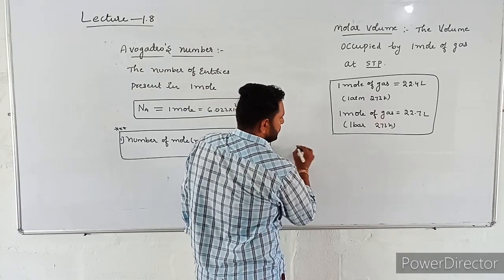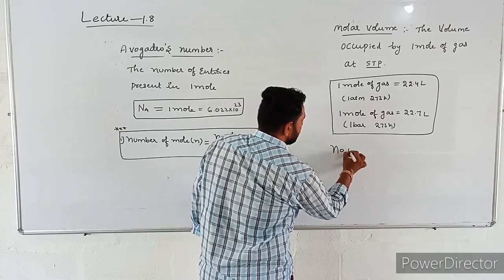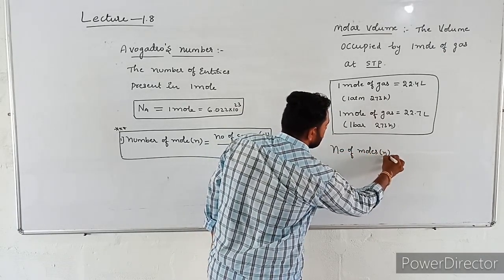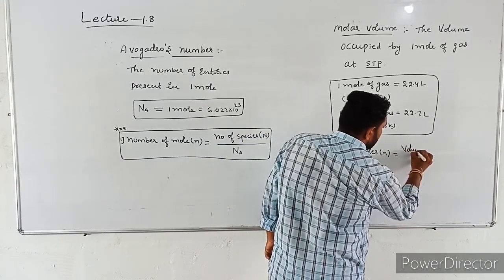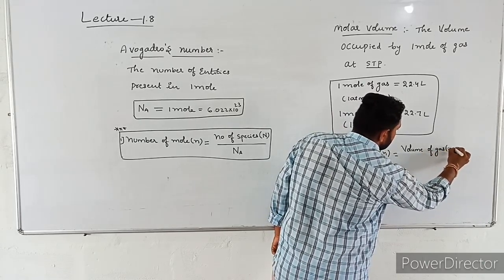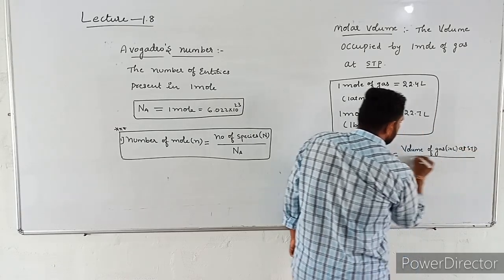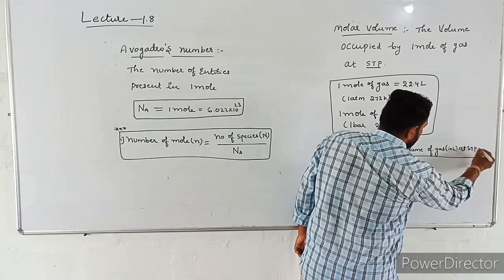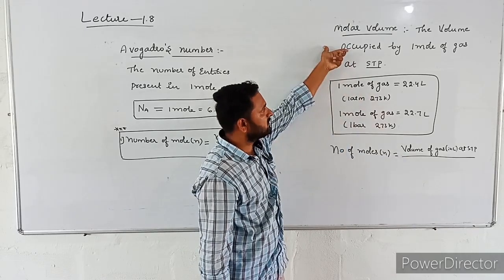Next, to calculate number of moles, we use this formula. Number of moles is equal to volume of gas in liter at STP divided by molar volume. Molar volume means what?